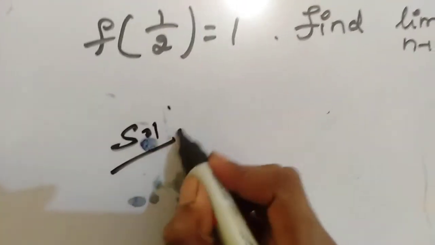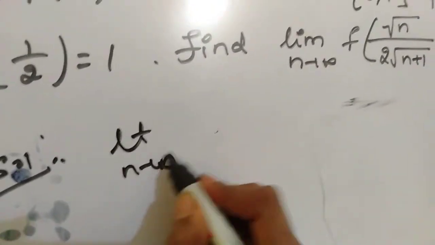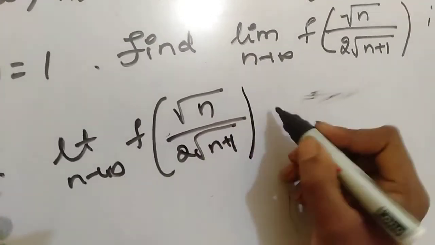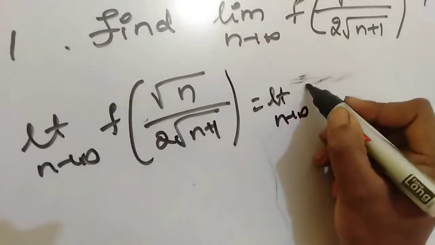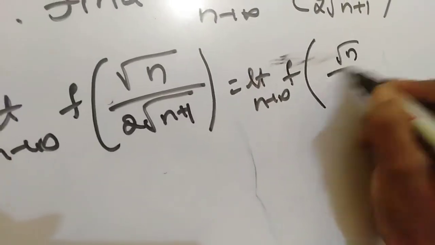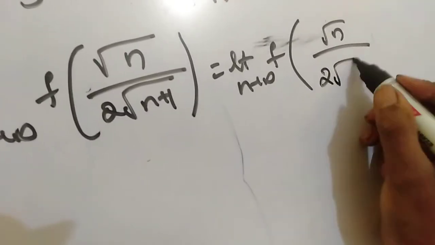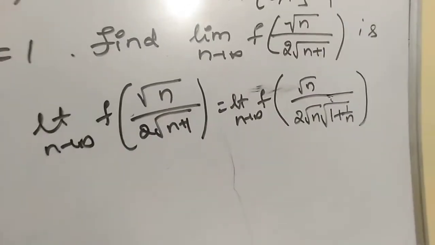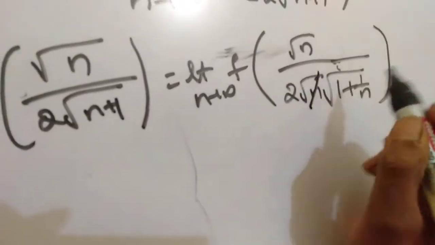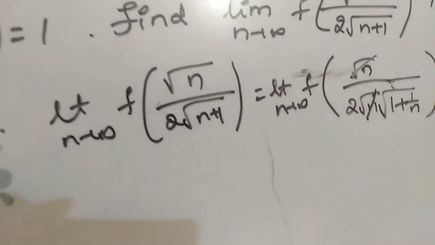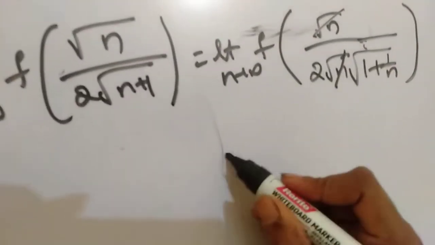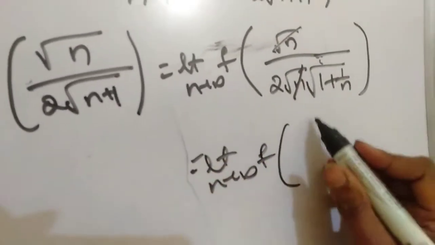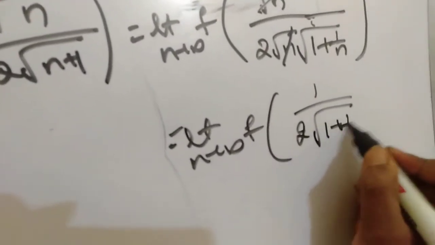Solution for this question: the limit as n tends to infinity of f(√n / (2√(n+1))). We take n common, we get 2√n √(1 + 1/n). Then √n gets cancelled, and we get the limit as n tends to infinity of f(1 / (2√(1 + 1/n))).